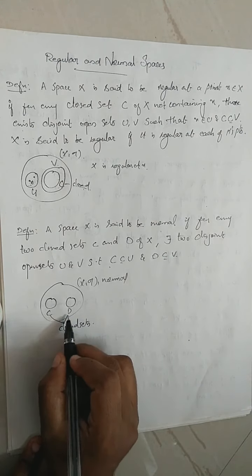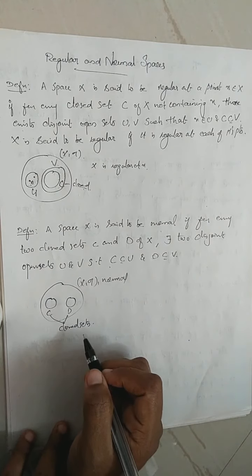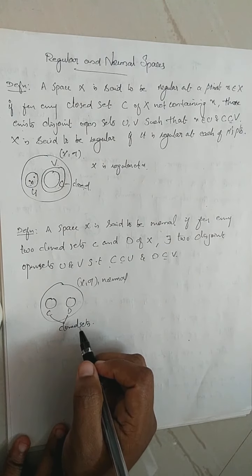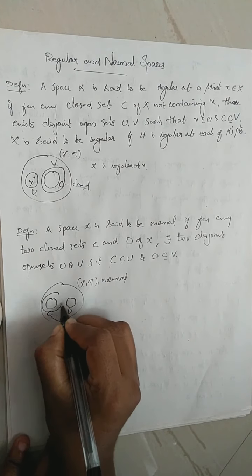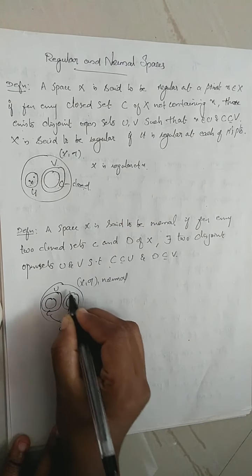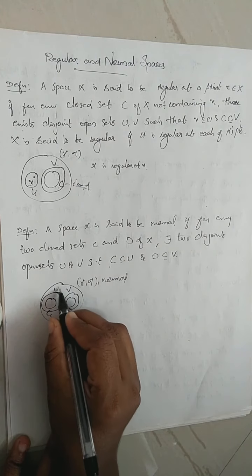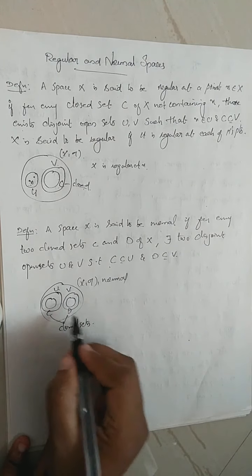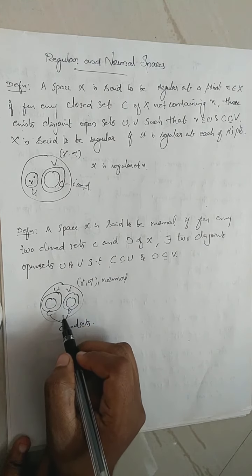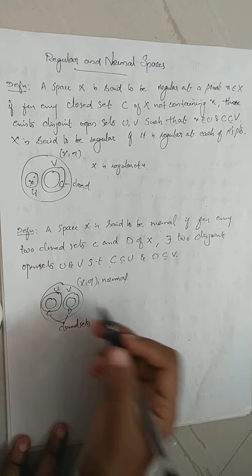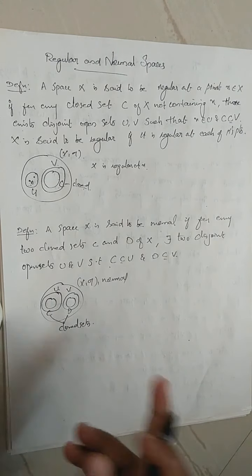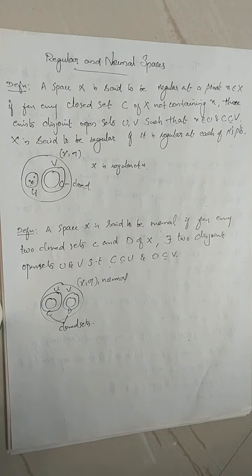Then if C and D are any two disjoint closed sets, then there exist two disjoint open sets U and V such that C is contained in U and D is contained in V. Remember, U and V are disjoint.